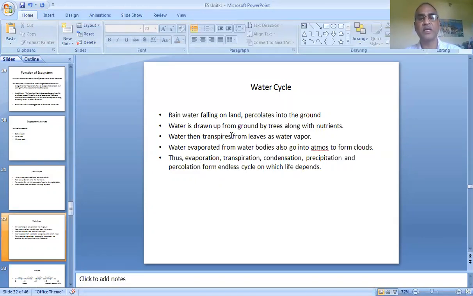Thus evaporation, transpiration, condensation, precipitation, and percolation form an endless cycle on which life depends. And water cycle is one of the most important cycles that is responsible for survival of life forms on Earth, be it plants or be it animals.